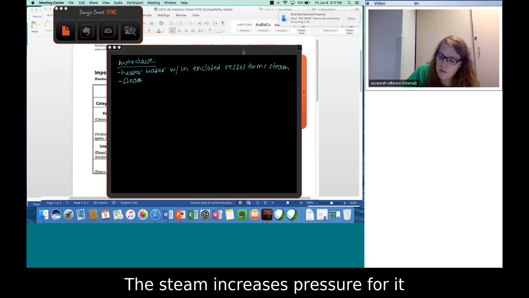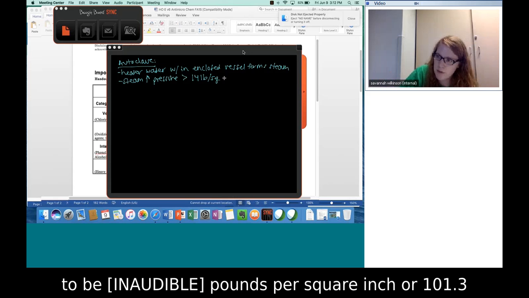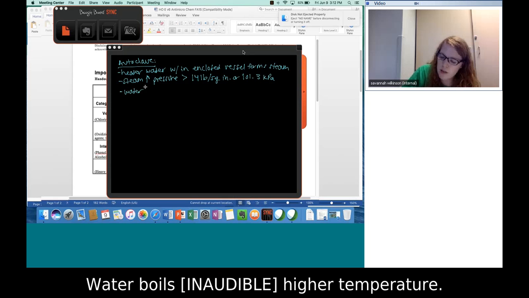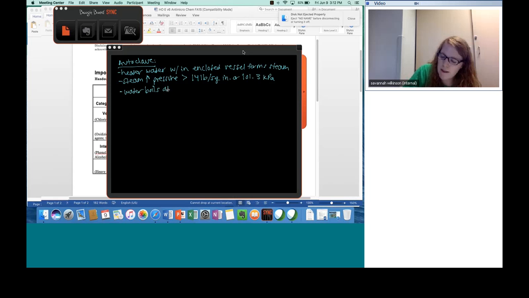The steam increases pressure to be greater than 14 pounds per square inch, or 101.3 kilopascals. Water boils at a higher temperature.